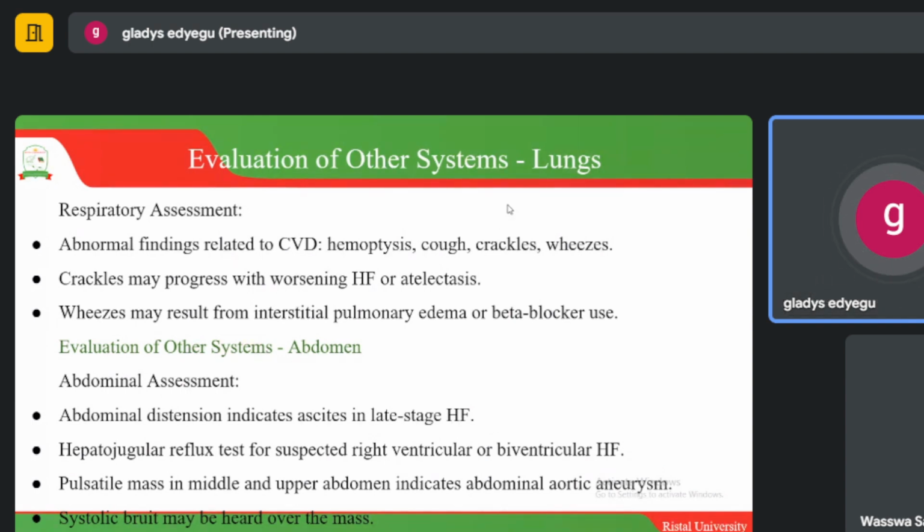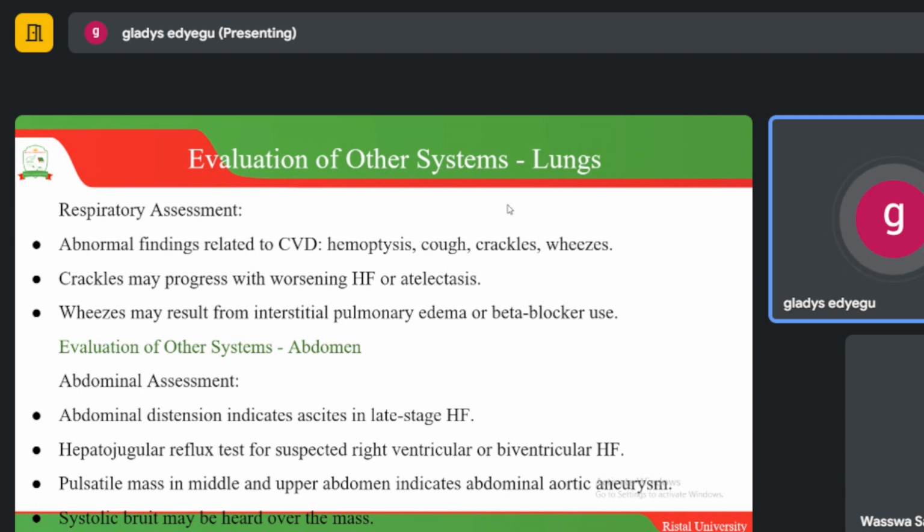So you can also do this, and it can help you to understand that your patient has actually gotten into heart failure. Then a pulsatile mass in the middle and upper abdomen indicates abdominal aortic aneurysm. So this aneurysm is also not a good sign. Aneurysm of the aorta is a sign to show you that there is a problem in your patient's heart, or the heart is failing.